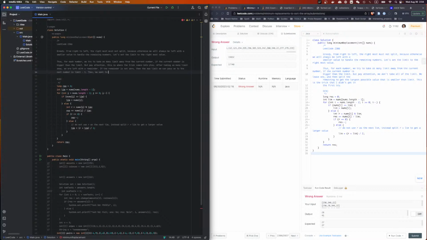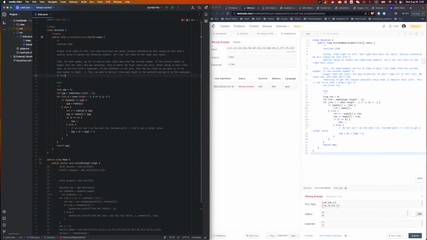Thus, we want to borrow 1 from each limit in the quotient and add it to the remainder.